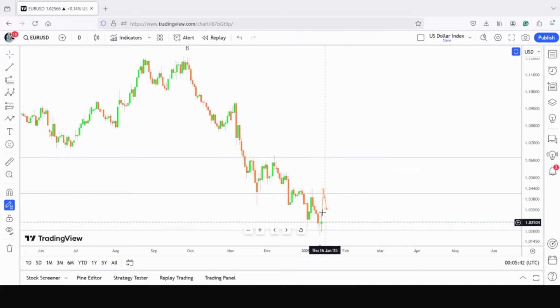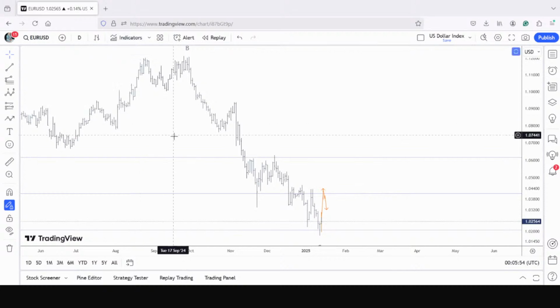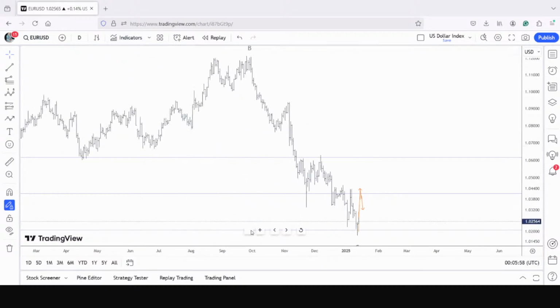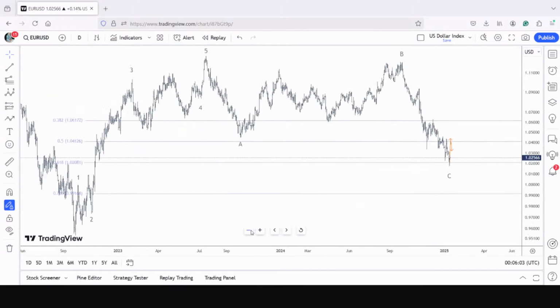You never know, we are going to see a morning star by the end of the trading day, maybe a couple of more indecisive days, but high probability remains for a morning star. So, in a nutshell, the large degree counts are five up, followed by three down. Ideally, it should be five waves up from here in the euro.